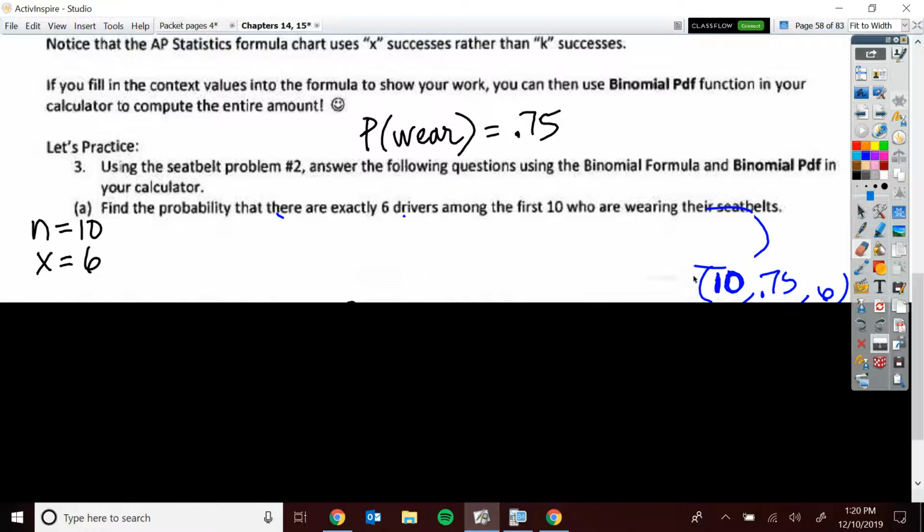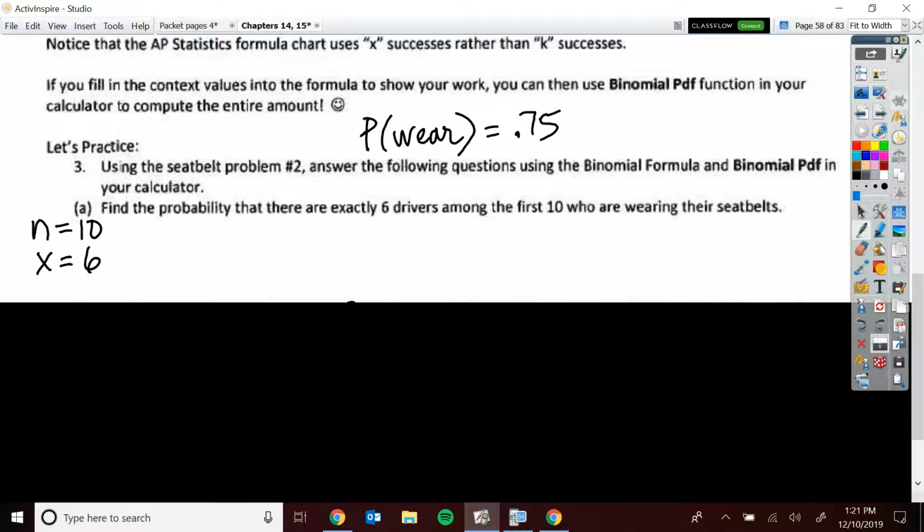The question says, what is the probability that there are exactly 6 drivers amongst the first 10 wearing their seatbelt? All right, so N is 10 because that's a total of 10 trials, 10 drivers, and they want exactly 6. So here is how that formula goes.